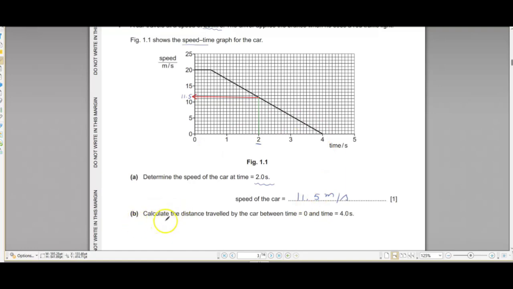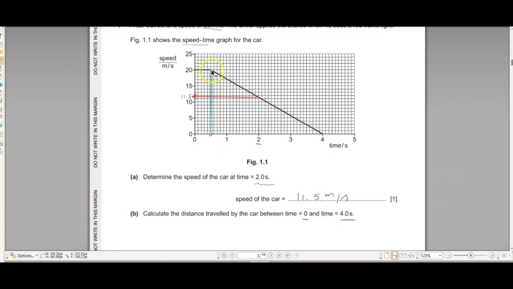The B part states: calculate the distance traveled by the car between time 0 and time 4 seconds. The time was 4 seconds for the entire journey. We know that in a speed-time graph, the gradient represents acceleration or deceleration, and the area under the line gives us the distance. So we can divide this area into 2 parts.